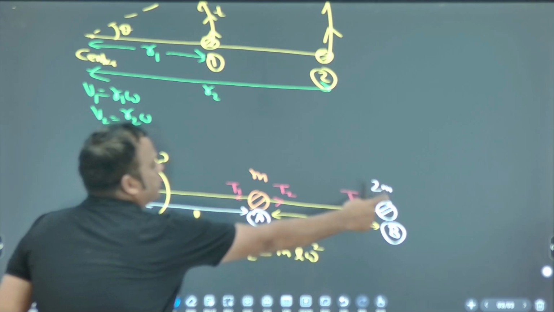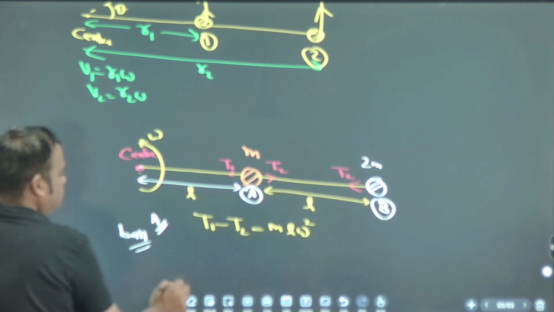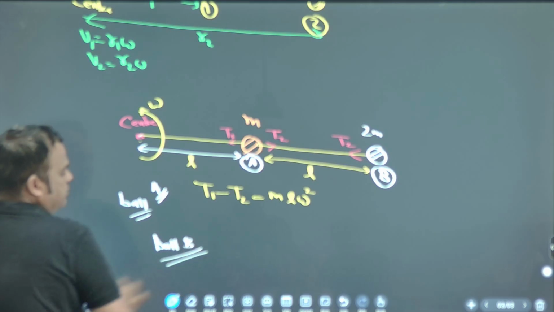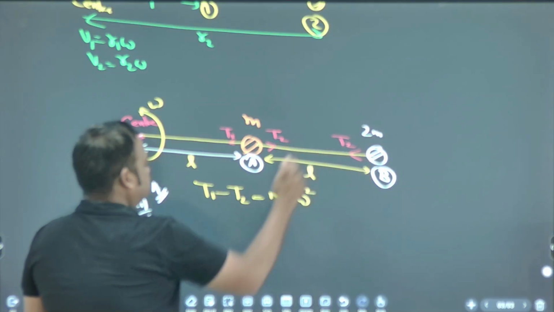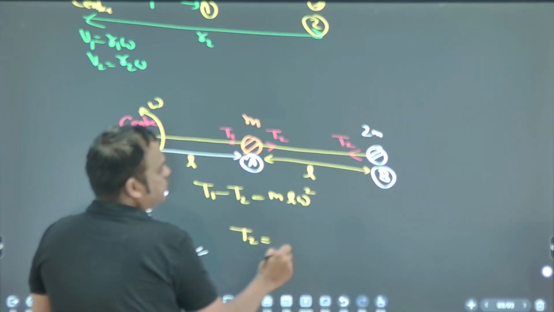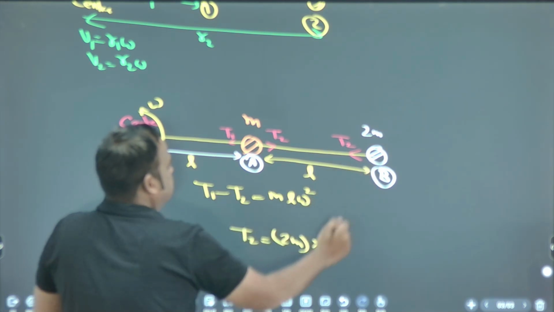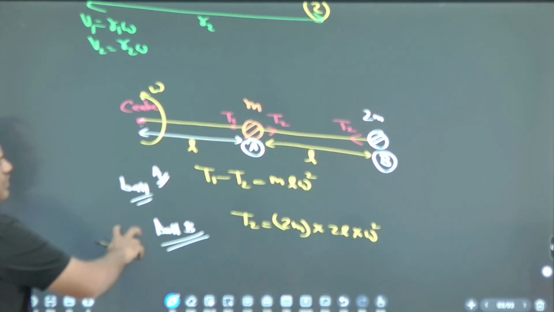Understood? Okay, for B, what do you write? Ball B, what is the force towards center? T2. So T2 is equal to m times 2m, radius 2L, omega square. Very good. Now find T1 and T2.